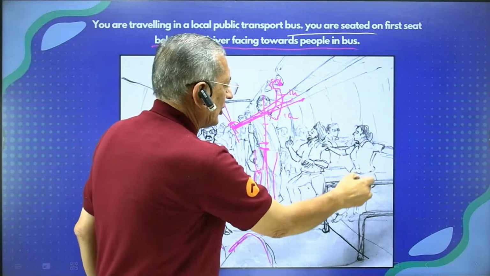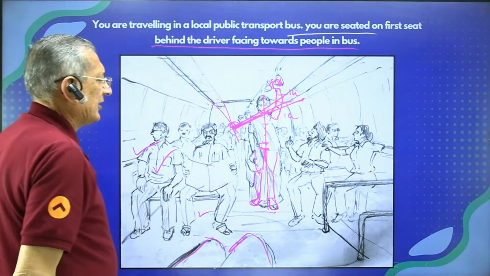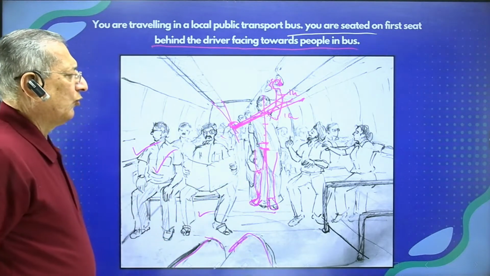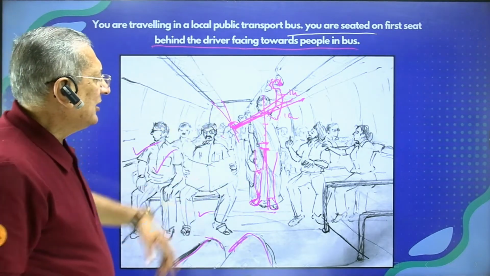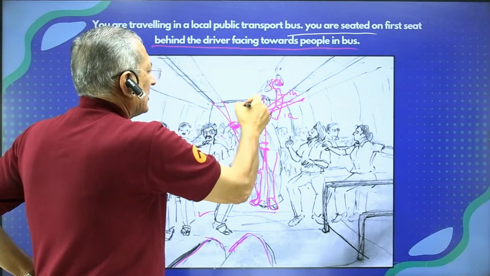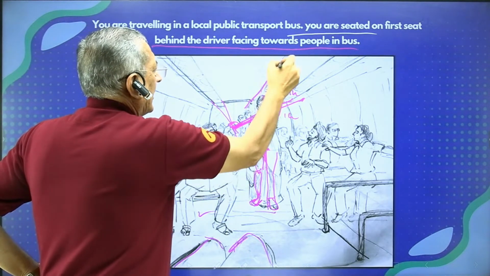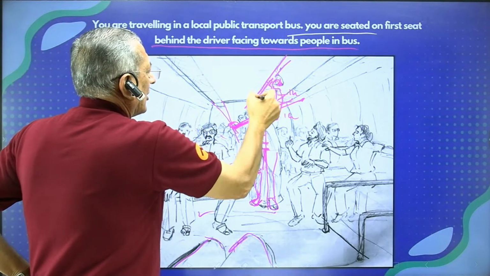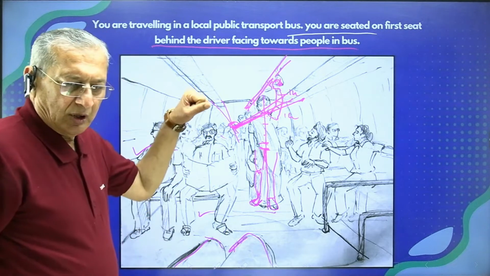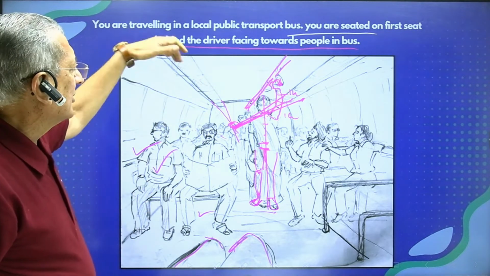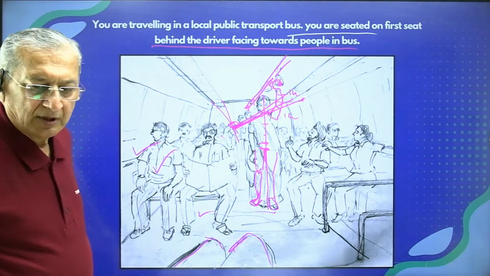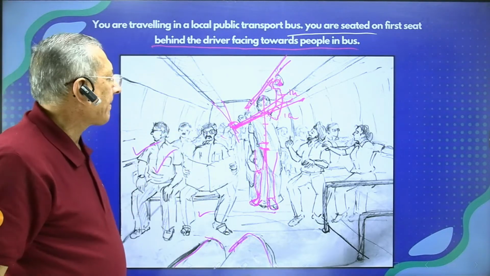Same way, you could have done the human figures here. At the back, only little vague working. Why is this guy seen a little smaller than this? Because this is the same height steel pipe on which you have got hangers, holders where you can hold yourself, tucked into the moving bus.